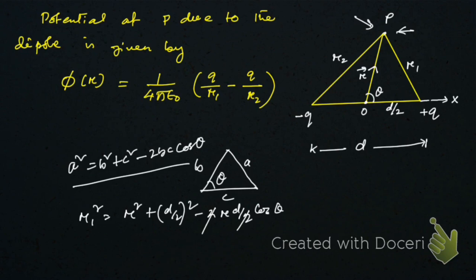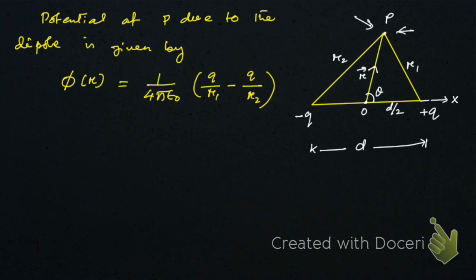So let me write here cleanly. Here you can see, we should get r1 square is equal to r square plus d by 2 whole square minus 2 times d by 2 times r cos theta. That's what we should get, right?